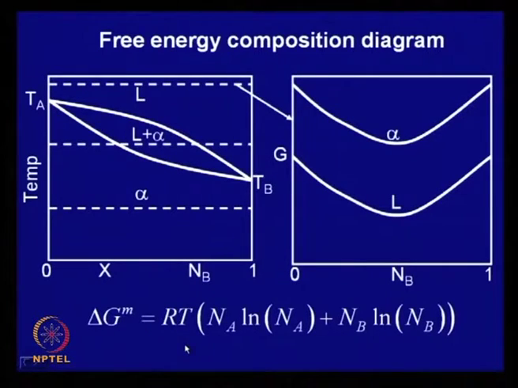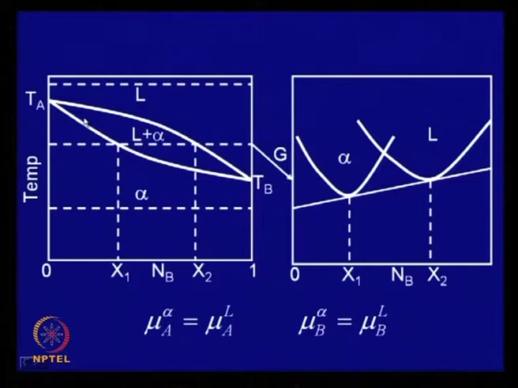And now, what happens if you come to an intermediate temperature range? At an intermediate temperature range, something like this happens, the shape of this plot changes, it is something like this, and this is the free energy diagram of the liquid.